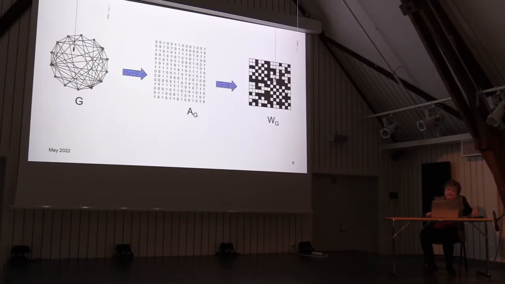Now, instead of this almost non-visible matrix, I take a pixel picture: an n by n square, and divide this into n squared little squares. Wherever in the matrix A_G there was a 0, the value of my function will be 0, and it is white.